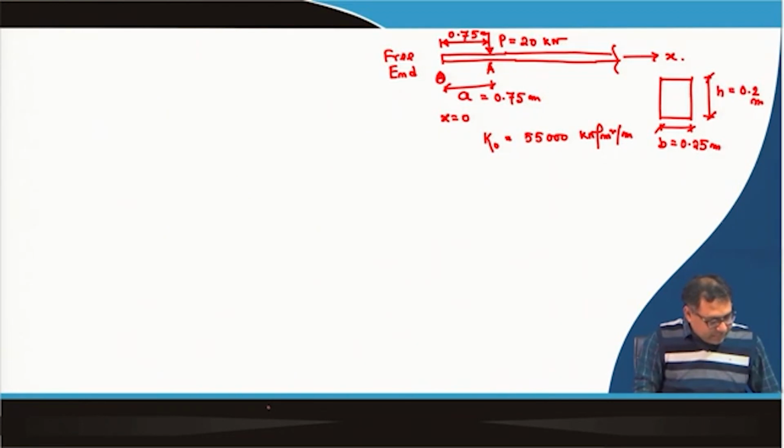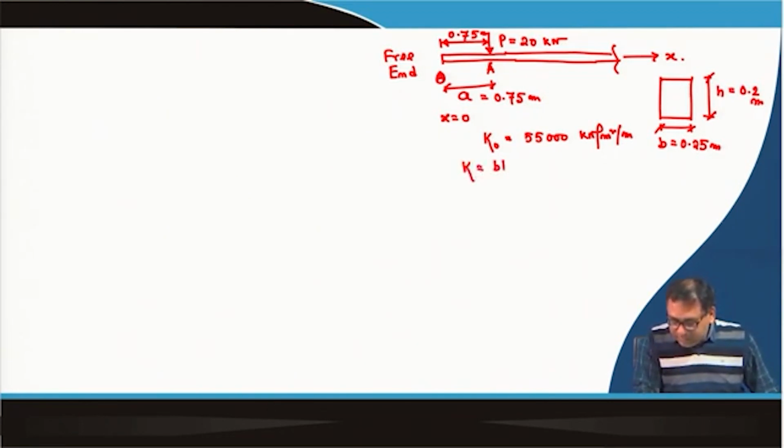Now we can say that K is equal to B into K 0. So, this is 0.25 into 55,000, that is equal to 13750 kilonewton per meter square.